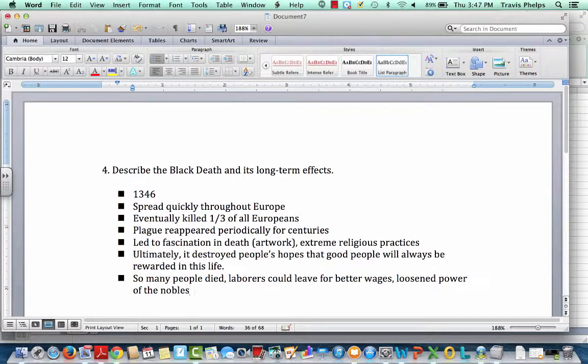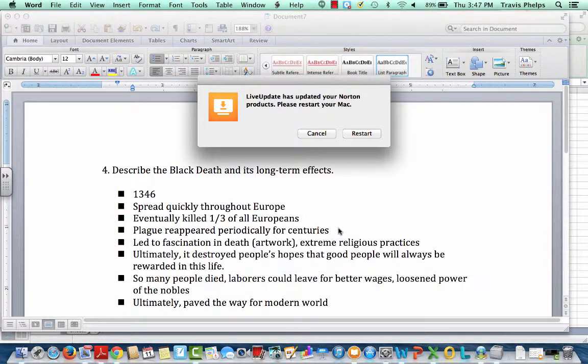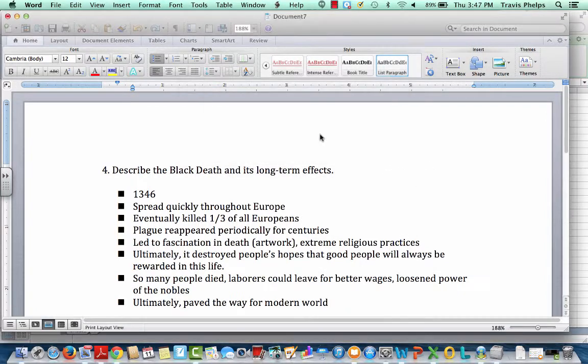Okay, so we know that the Black Death here, and ultimately paved the way for the modern world. And with that, I mean a less of a hold of religion over people's lives, a less of a hold of the Catholic Church over people's lives. That these things all occurred because of the Black Death.